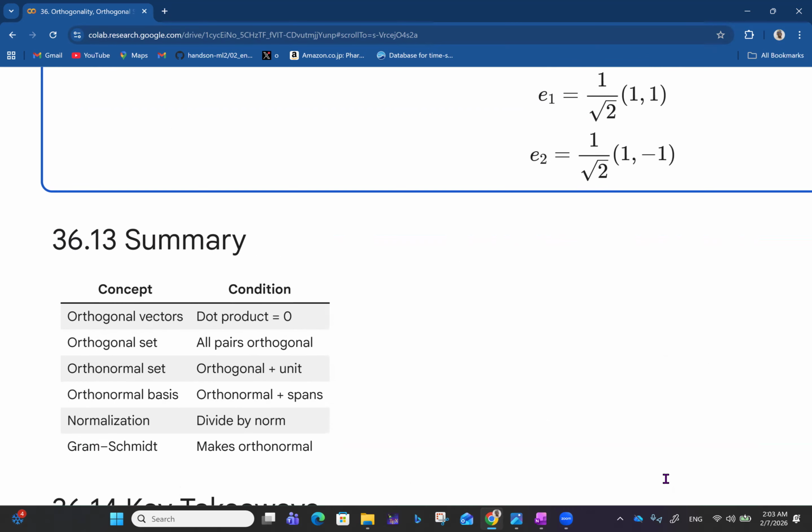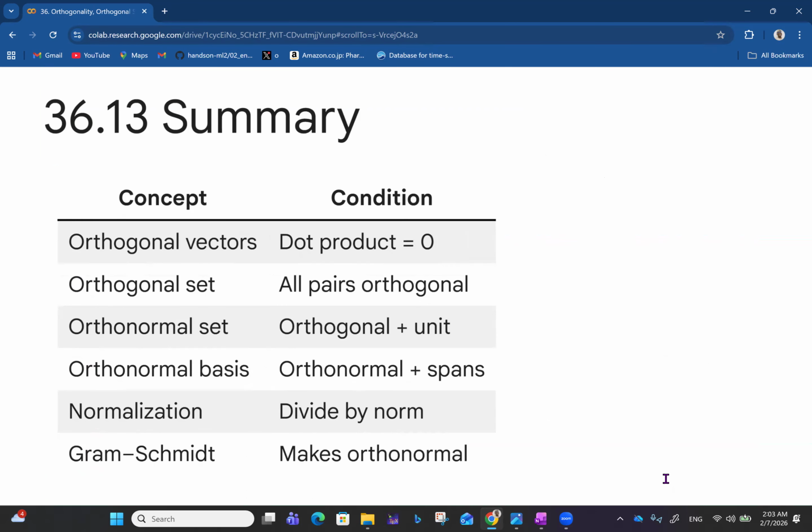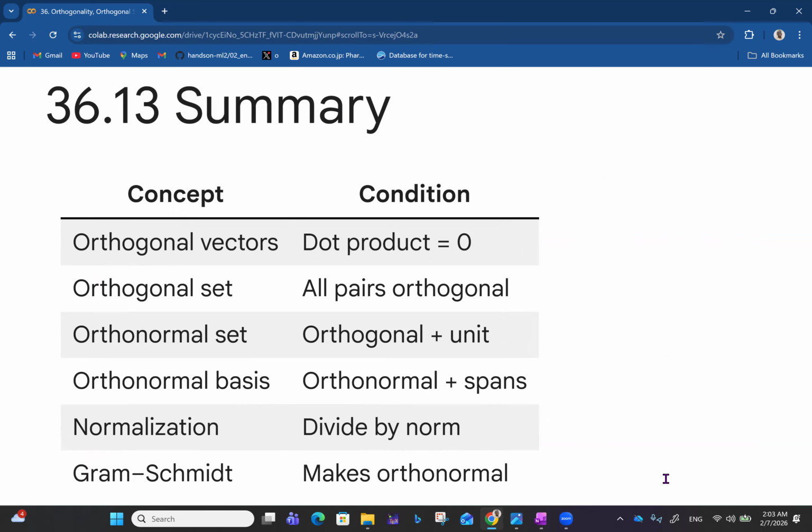So in summary, how do you find orthogonal vectors? Find the dot product. If the dot product is 0, then the vectors are orthogonal. Therefore, an orthogonal set: you have in a set different vectors, no matter how many. All pairs you pick from that set are orthogonal, meaning that the dot product of any pair of vectors in an orthogonal set is 0.